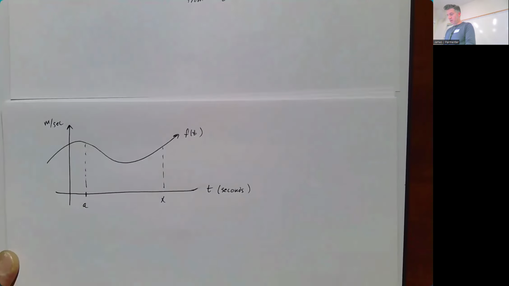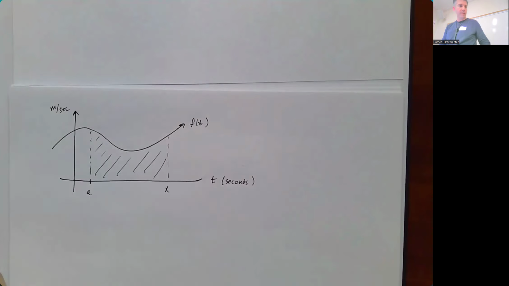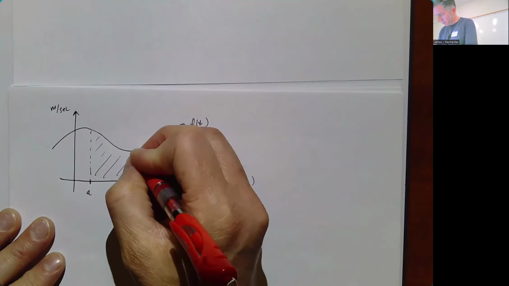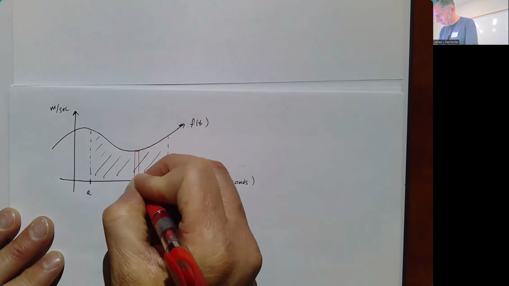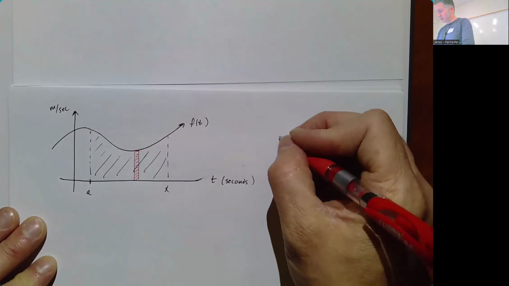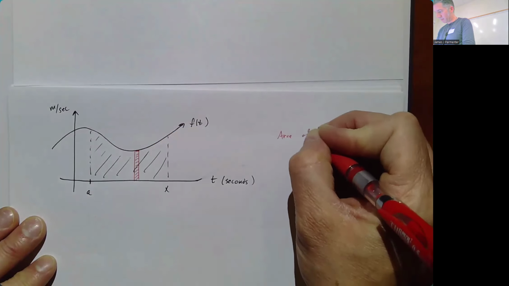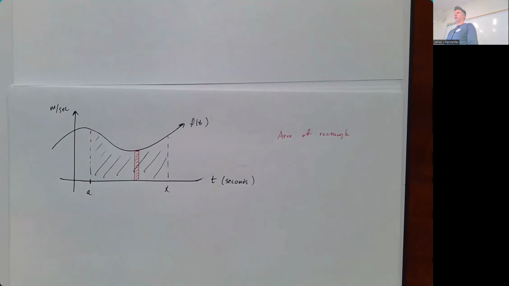Okay, so I'm looking at this area, and what I really want to look at is a little rectangle. So this little rectangle right here. The area of that rectangle. Well, let's just talk about the units for a second.